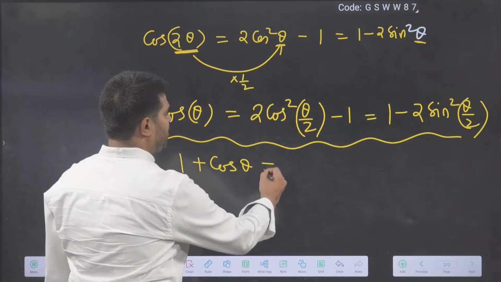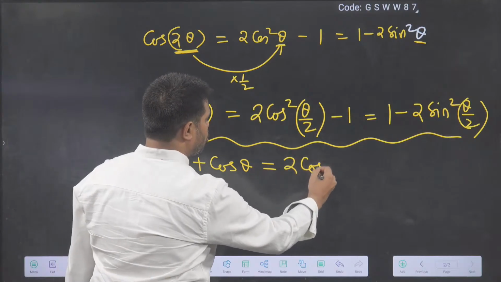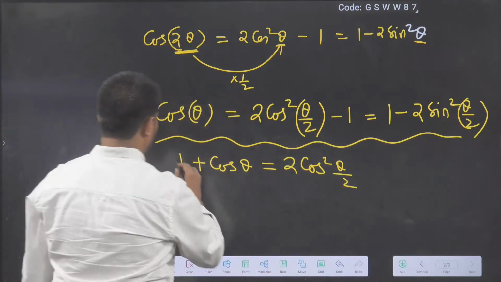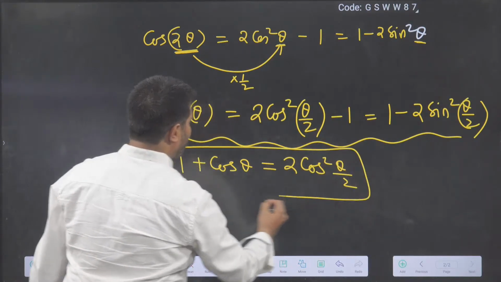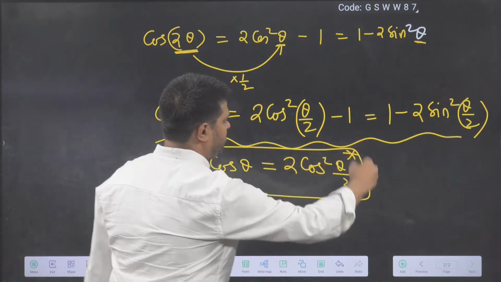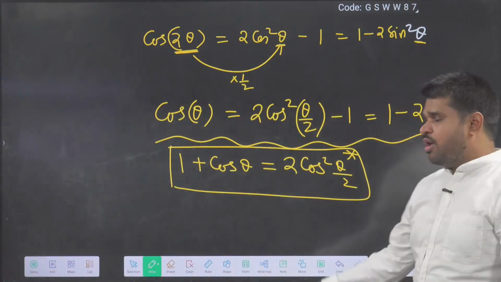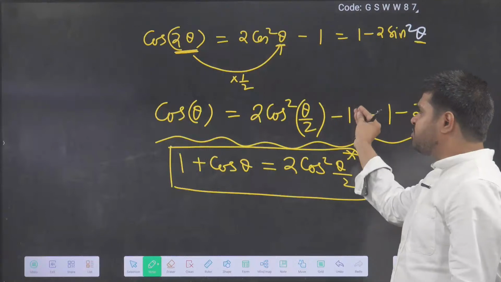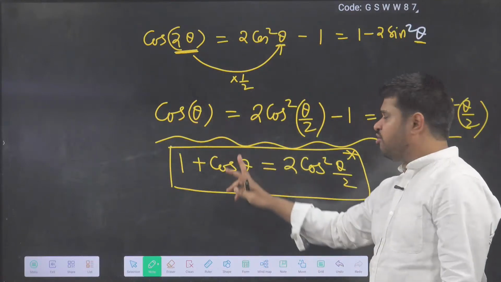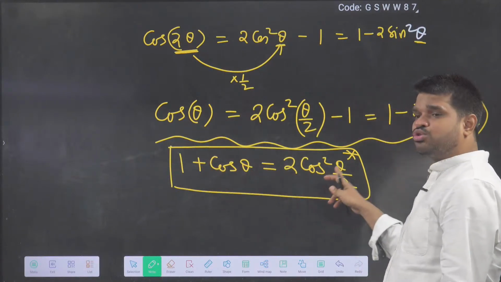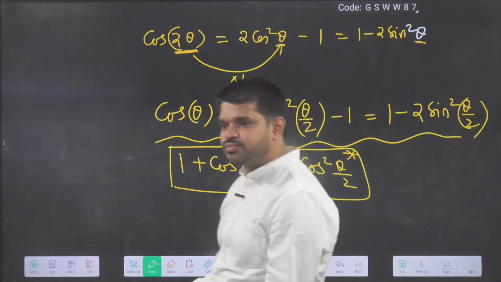So remember, 1 plus cos theta equals 2 cos square theta by 2. It is a very important formula in physics. It will be used at so many places.